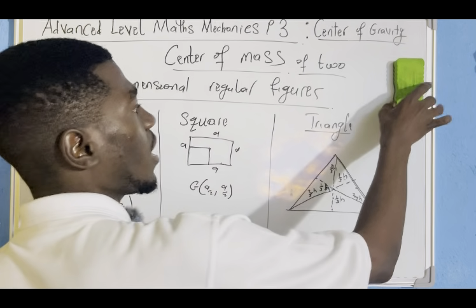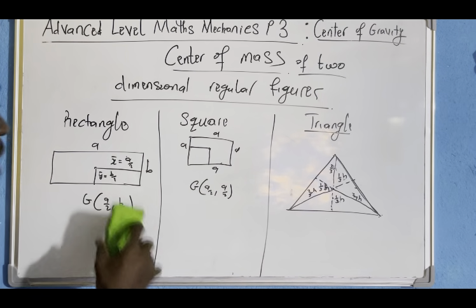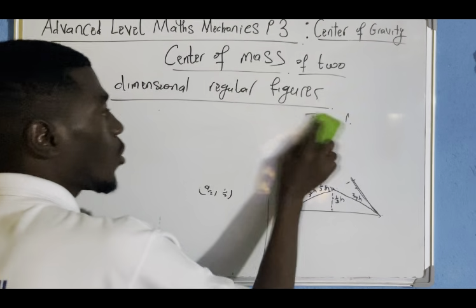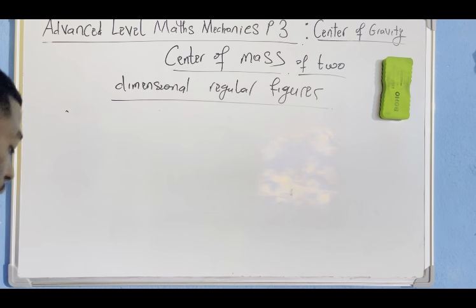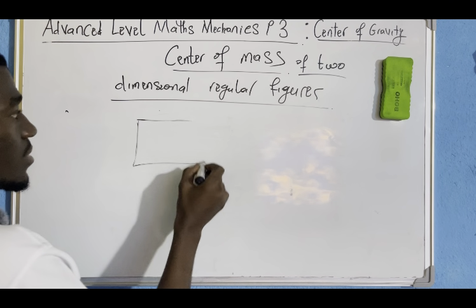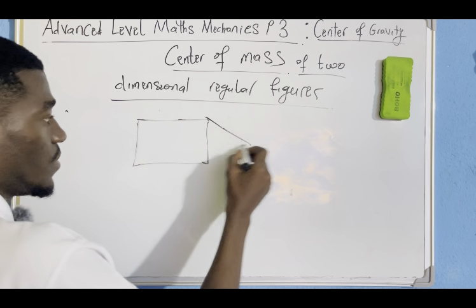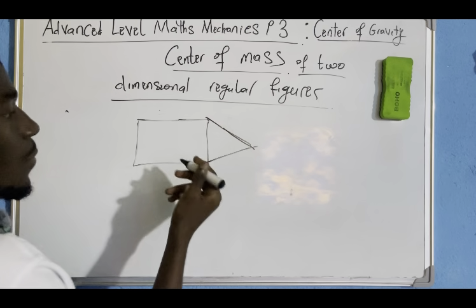Now it can happen that we combine regular plane figures. If you combine regular plane figures so that they form a lamina, then to find the center of mass, for example, if I have a figure like this, these two figures are being combined.